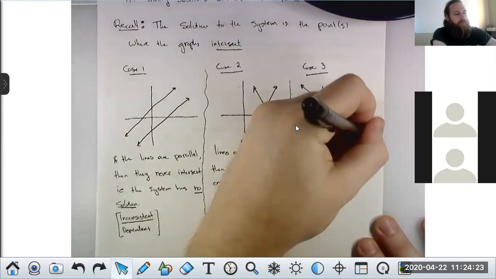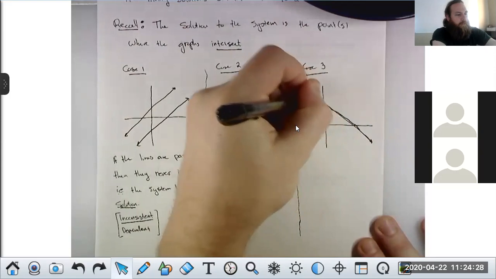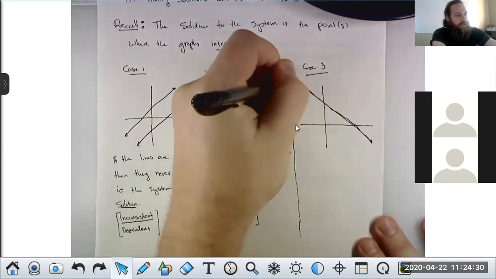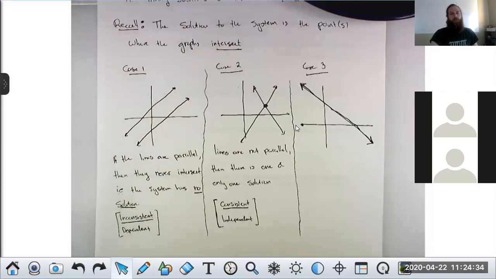So maybe here's the first line, and then here's the second line. Same slope and same y-intercept. Yeah, they're identical lines.